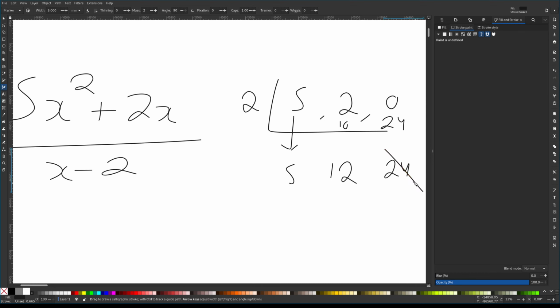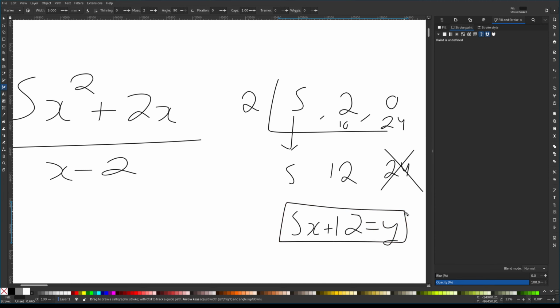Keep only the first two, and we're going to have 5x plus 12. And that's how you find vertical, horizontal, and oblique asymptotes.